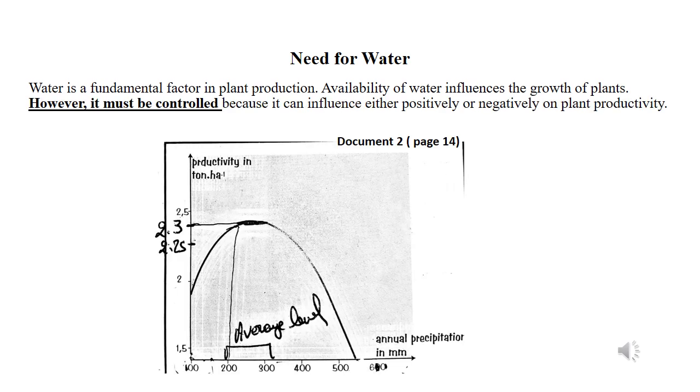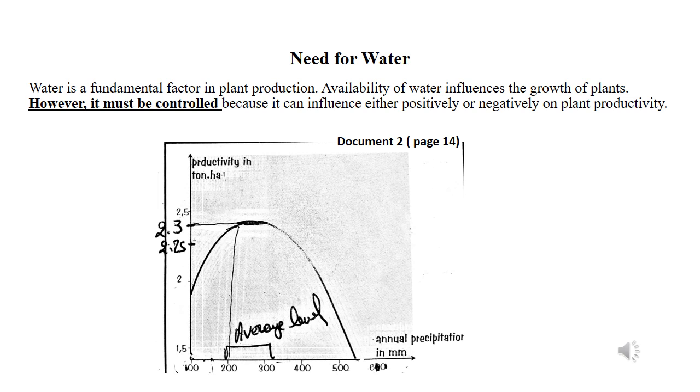But how much water is needed for the best productivity? To answer this question, the biology teacher represented a graph showing the variation in the productivity of crops as a function of the annual precipitation. When the annual precipitation is around 100 millimeters, the productivity of crops is 1.9 ton per hectare.